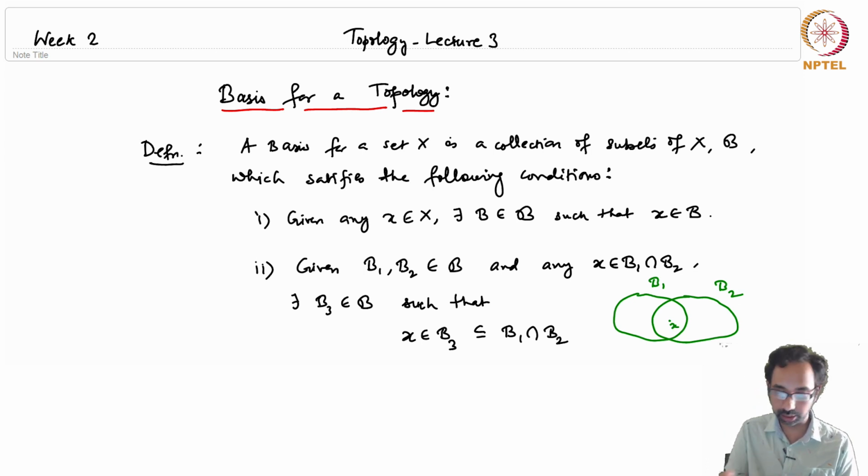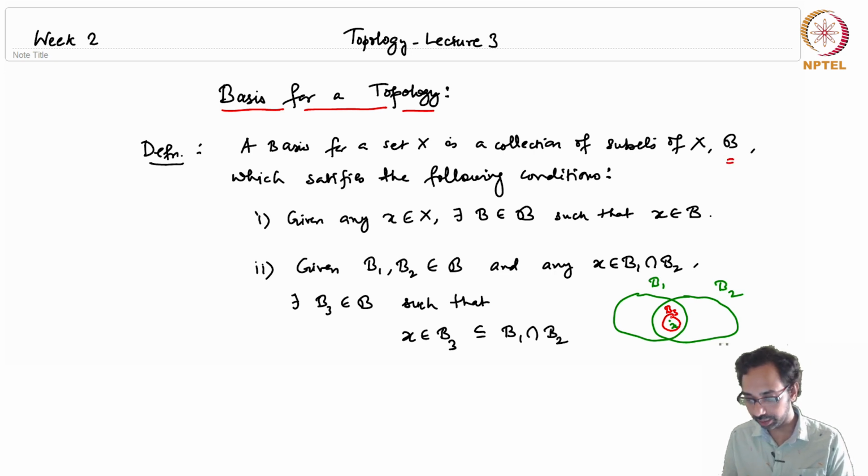Then there is this third set B3 in the collection B, which contains X, and it is contained inside the intersection of these two sets. So this kind of a collection is called a basis, which satisfies these two conditions. And so let us see what is the point of having such a construction.